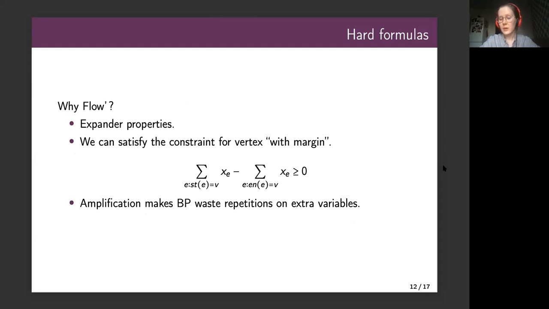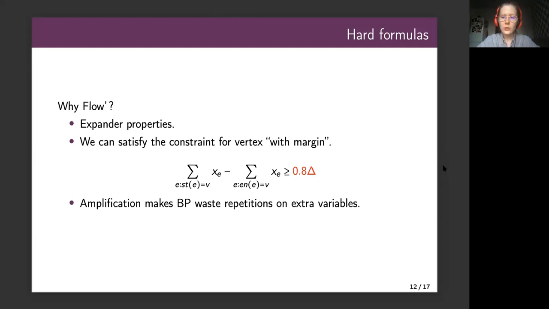What does this mean? Let us take a constraint for vertex V. It says that the balance of the flow in this vertex V is non-negative. Now I would like to say that this is not only non-negative, it is positive, and it is like a constant ratio of the degree.